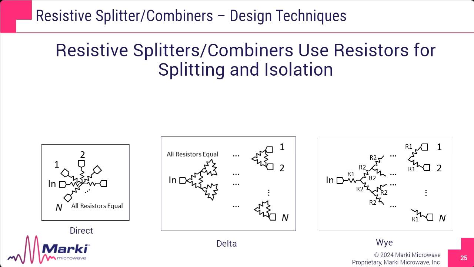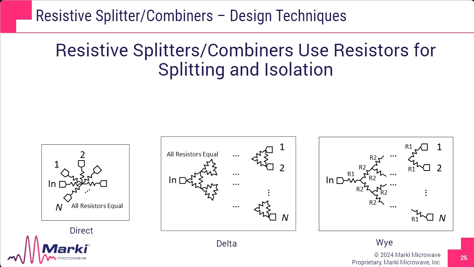However, they do come with some significant drawbacks. Primarily, as we're going to see, high loss and poor isolation, as well as the physical layout challenges. The high loss itself is just inherent to the resistive topology, because on top of the 3 dB loss that you get from simply splitting power, there is real ohmic loss in these resistors.